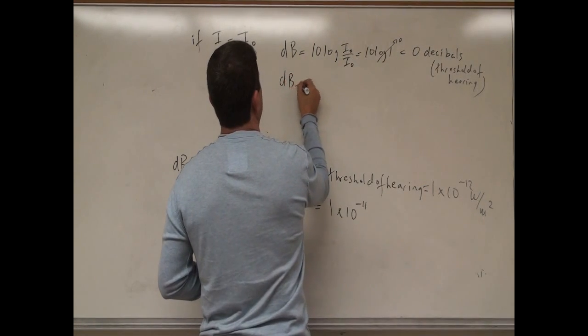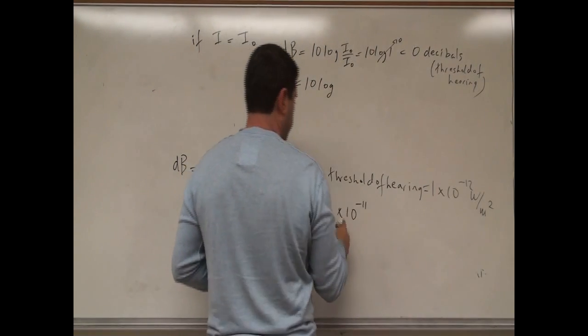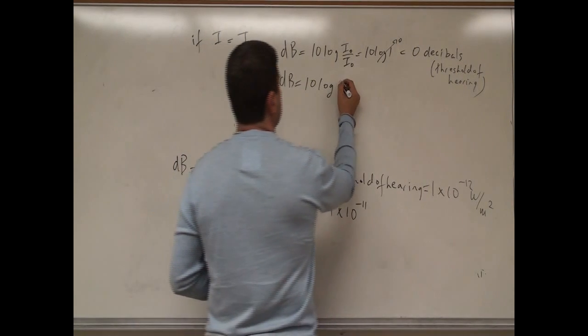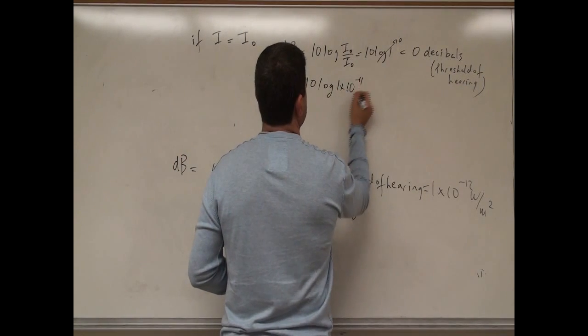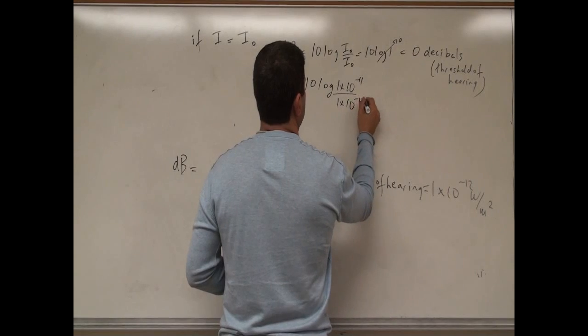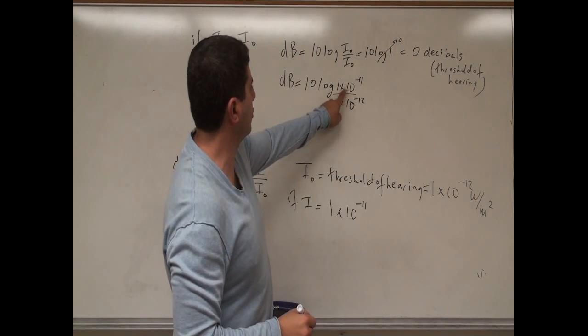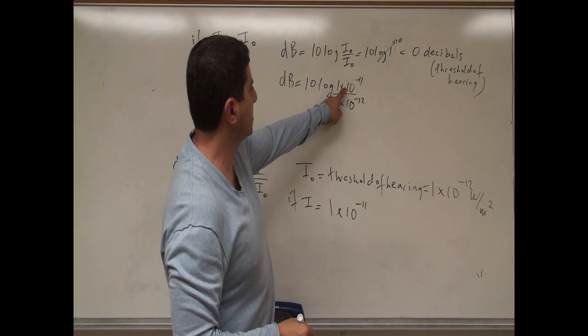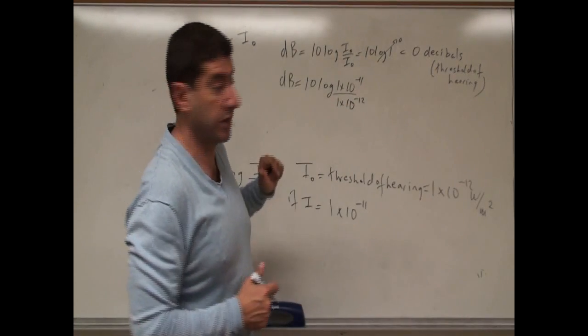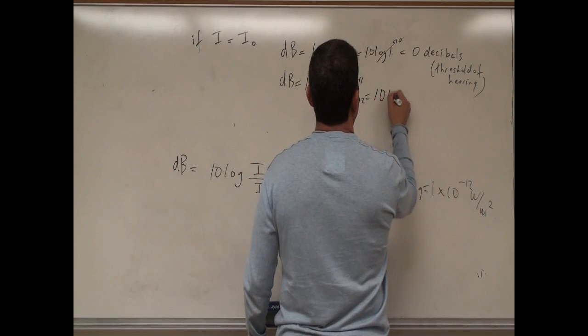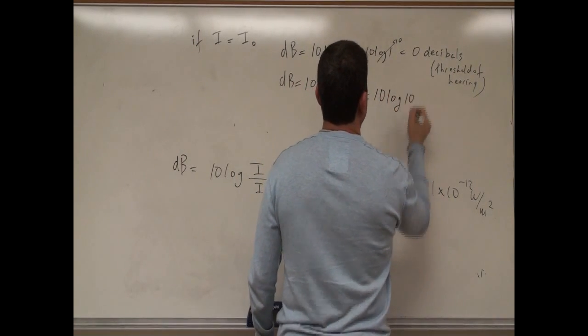So what would it be if this one was 1 times 10 to the minus 11? So 1 times 10 to the minus 11 over 1 times 10 to the minus 12, right? So then what does that mean? Well, 10 to the minus 12 goes to the top and just makes it 10, right? So it has 10 log of 10. Why?